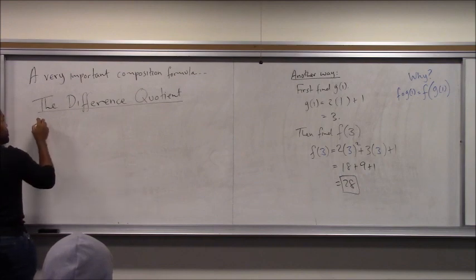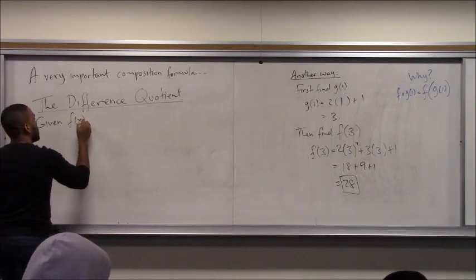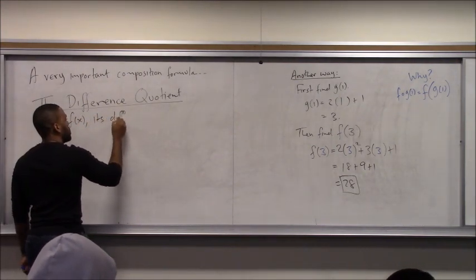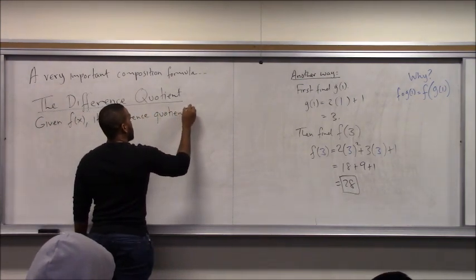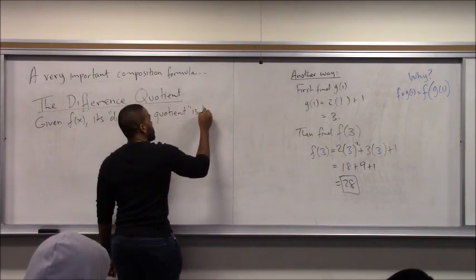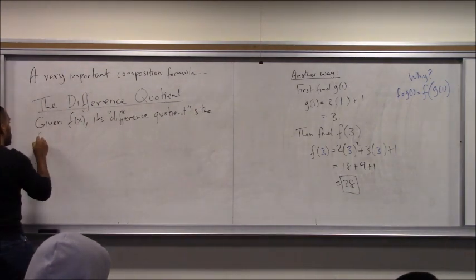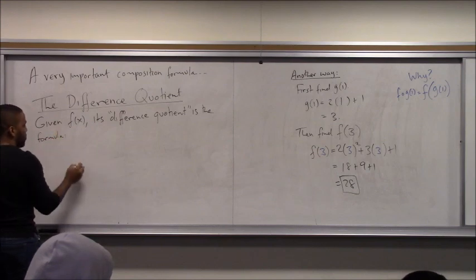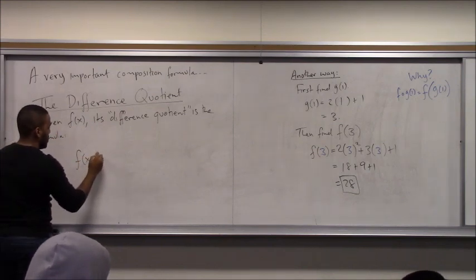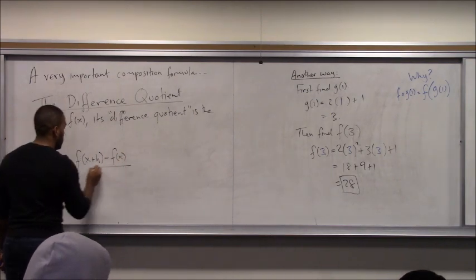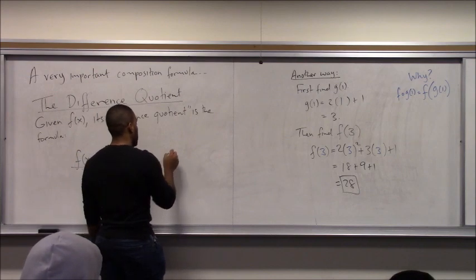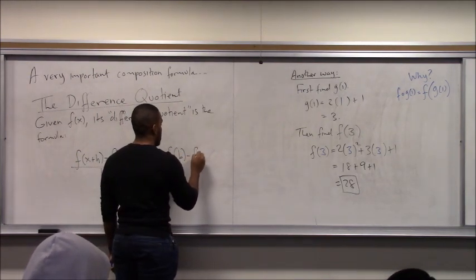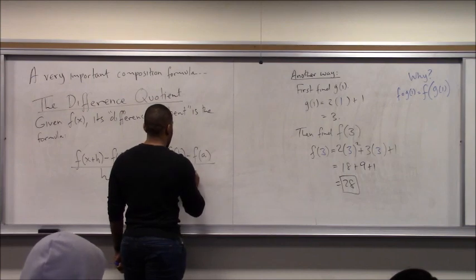But it's the following definition, which you should have memorized. Given f of x, its difference quotient is the formula f of x plus h minus f of x, over h. Or, there are a couple ways to write this down: f of b minus f of a over b minus a.